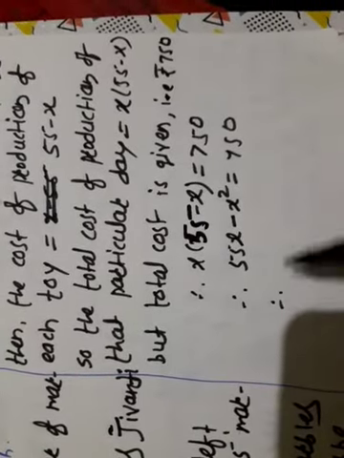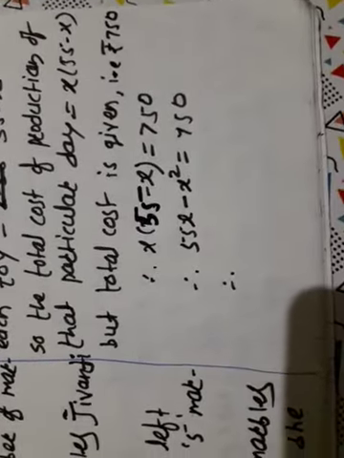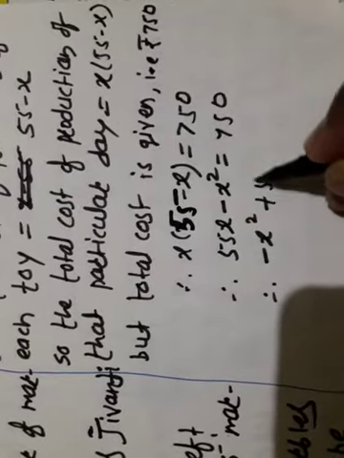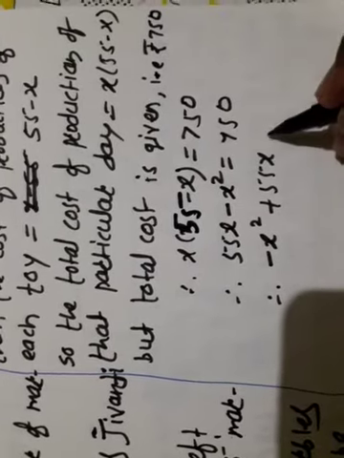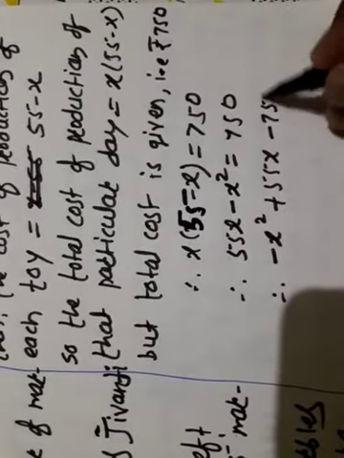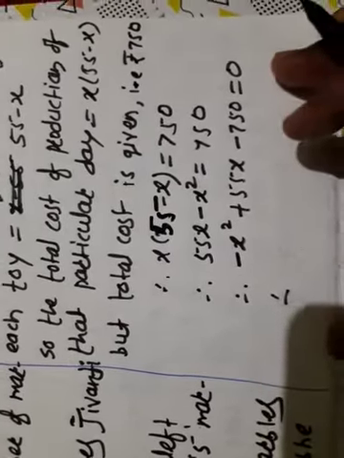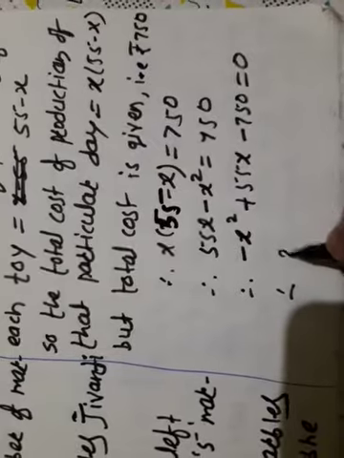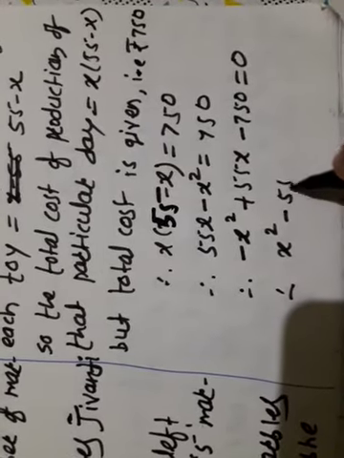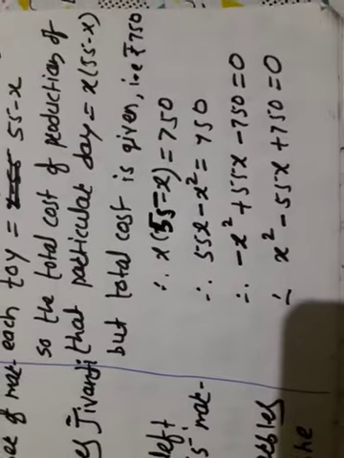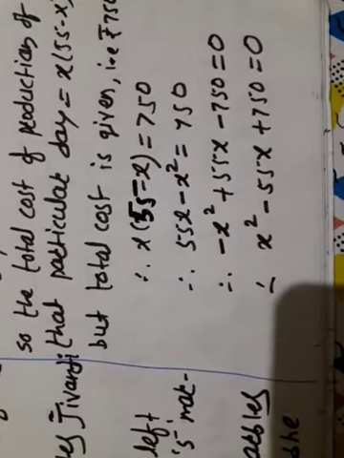Like the previous equation, just as we saw the first equation, here also we will convert similarly. We will write in the sequence minus x square plus 55x, and transfer this minus 750, is equal to 0. Therefore we have to multiply by minus 1. x square minus 55x plus 750 is equal to 0. Got idea?